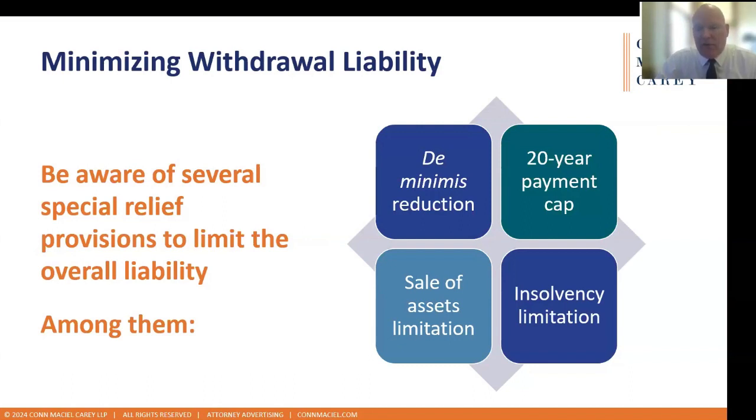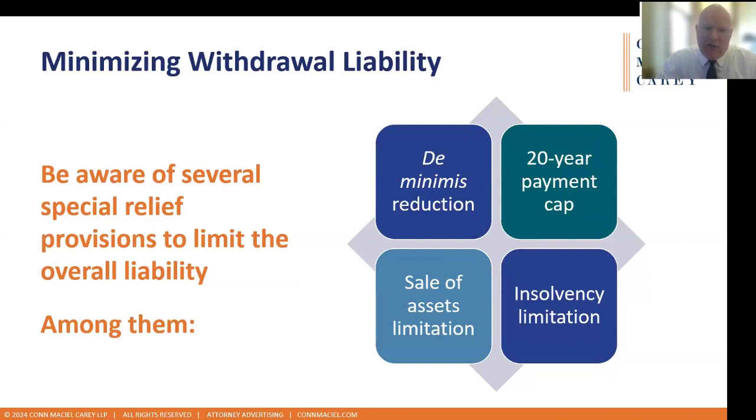In my experience in the last 10, 15 years, most assessments of withdrawal liability in fact come out less than the allocable amount of unfunded vested benefits, due to the fact that the fund is limited to collecting 20 years of that set annual installment payment.